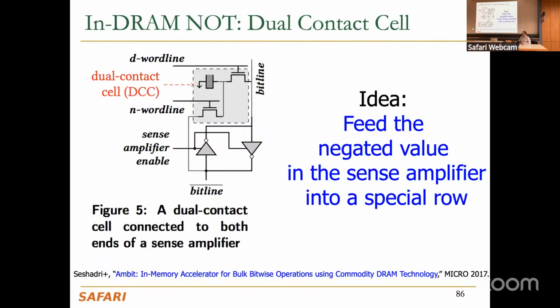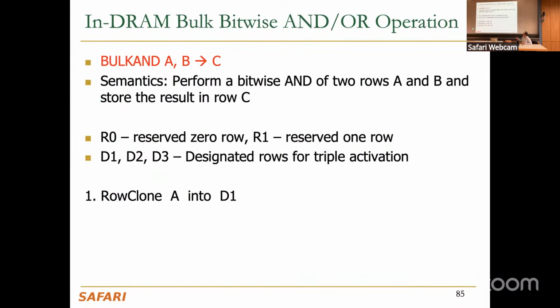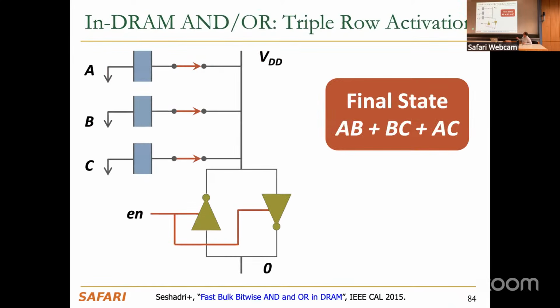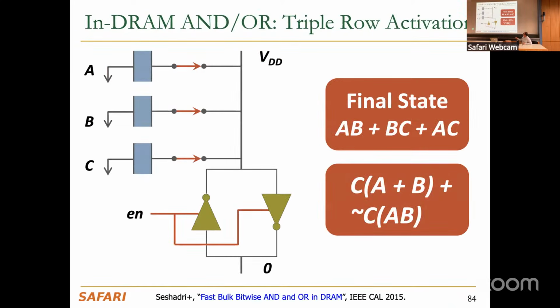So if you have seen the circuitry, essentially, this is another way of looking at it, but maybe we go back to what I showed earlier quickly. So this is essentially the NOT, or the complement of a bit, is actually on the other side of the sense amplifier, as you can see, right? If you imagine you activate only C, and we have seen this before.